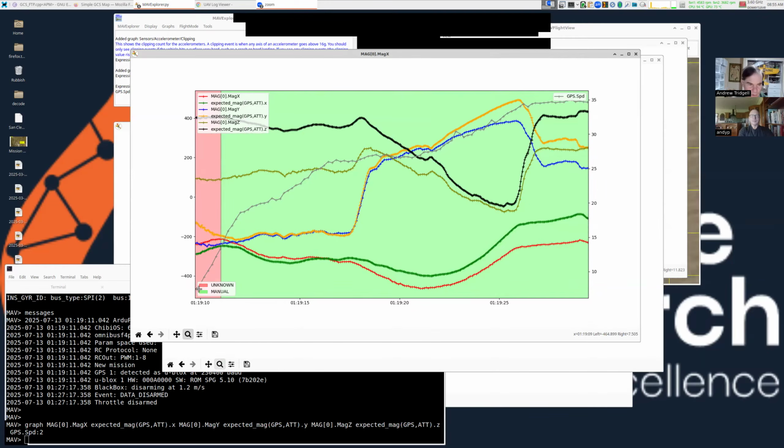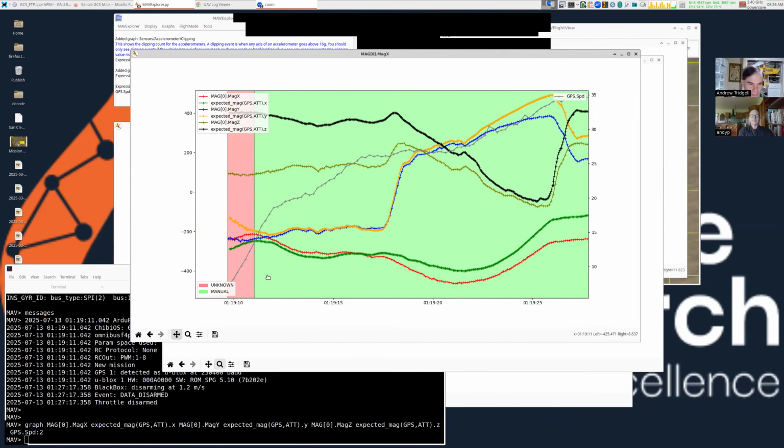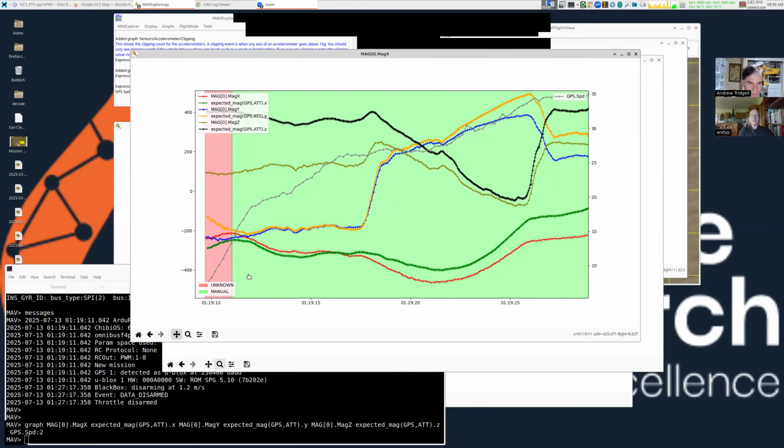He must have been putting some throttle on here, right? You'd expect there to be a whole lot of current right at the beginning, because typically you put quite a lot of throttle on to get off the ground. And on this one, I'm not seeing a huge correlation between this acceleration as the throttle's pushed up and the amount of error in this magnetic field.